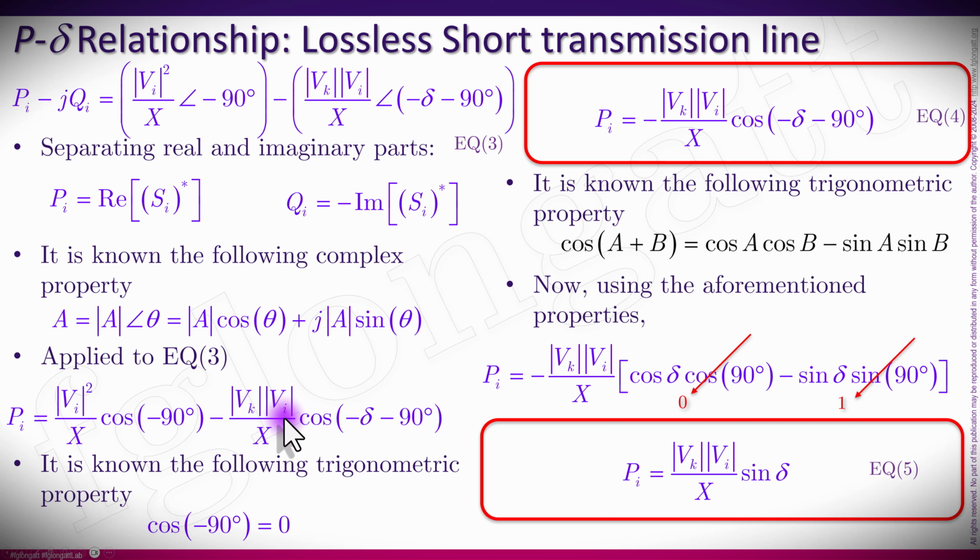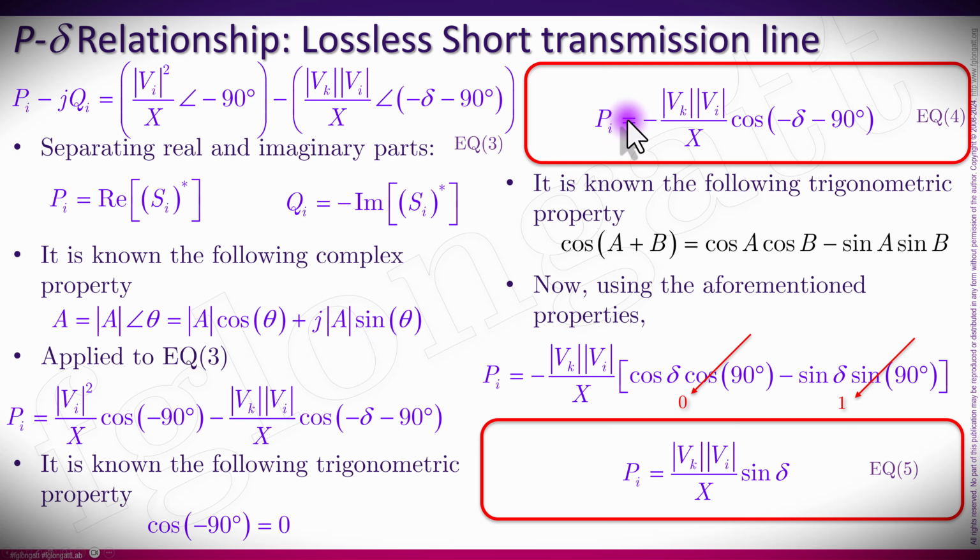Now let me analyze something quite simple. The cosine of minus 90 is equal to 0, so the first term on the right-hand side of this equation disappears because we are multiplying by 0. So equation number 4 is here and only represents the remaining term of this equation.